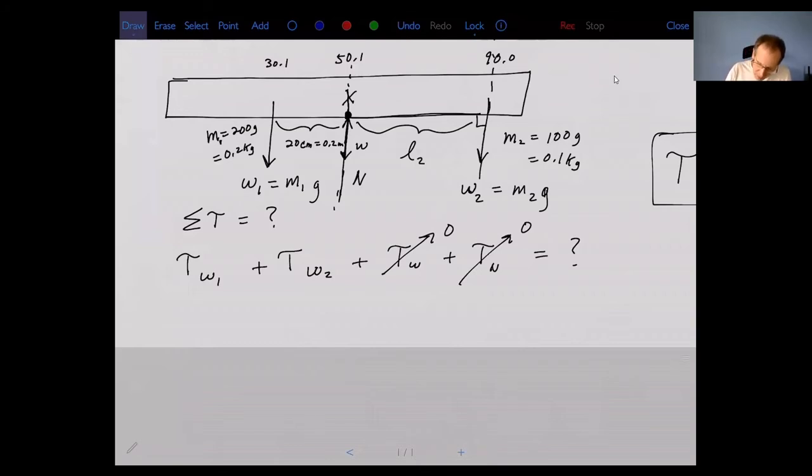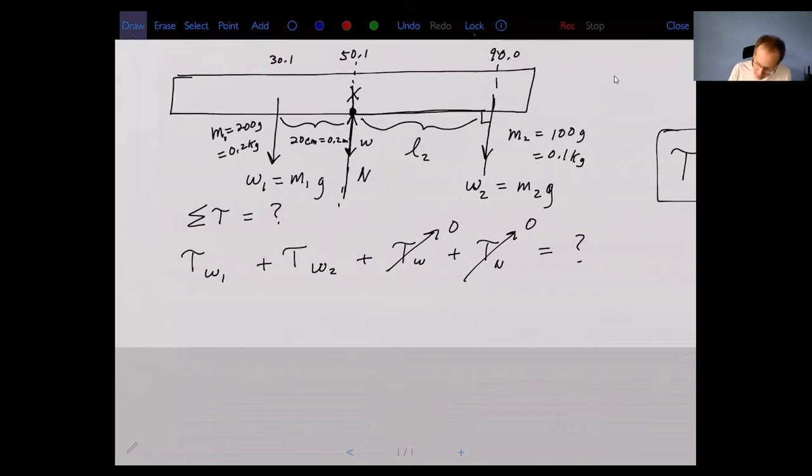So let's look at the rest of this. Torque due to W1. The force is W1, that's just the weight. In this case it would be M1, which is 0.2, times g, 9.8. So that's my force, the weight, times the moment arm. What is the moment arm in this case? It's this perpendicular distance, and by design, we set that up to be 0.2 meters.